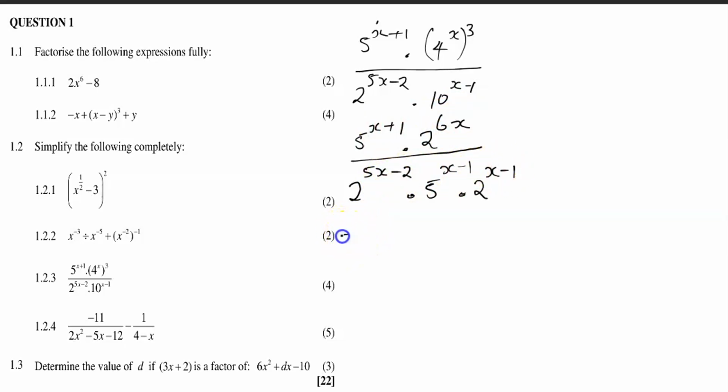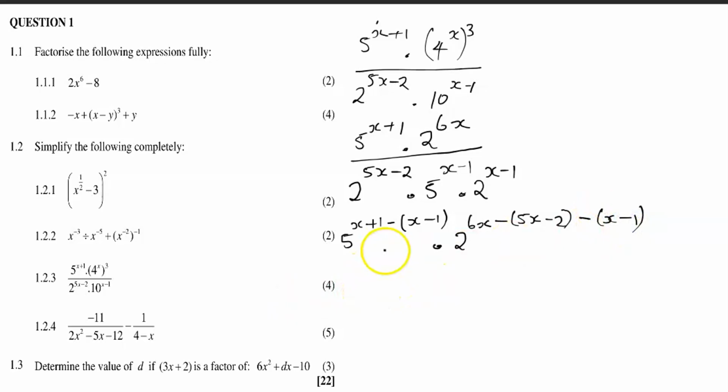So we've got 5 to the power of x plus 1 minus the whole thing, x minus 1, and multiplied by the 2 to the power 6x, leave it as it is. Then you subtract because they are divided, so it's x minus 2 minus the x minus 1.